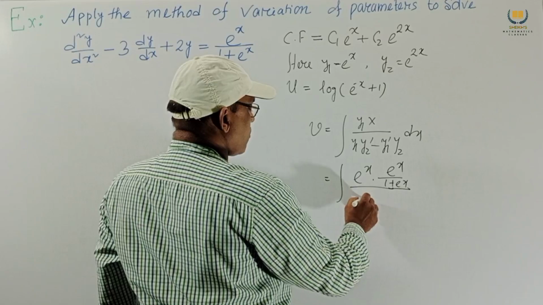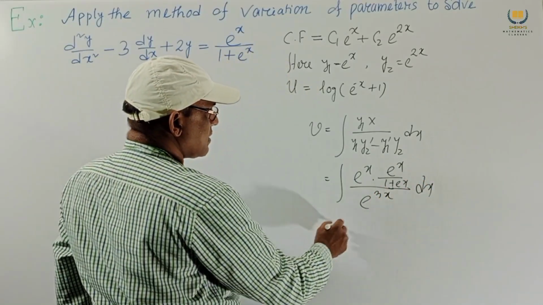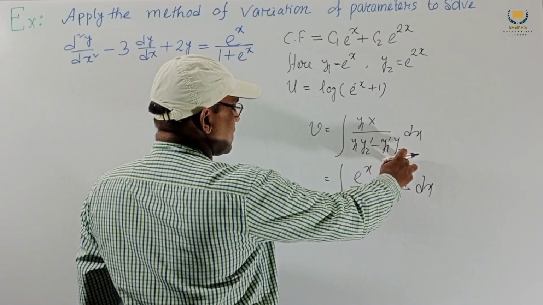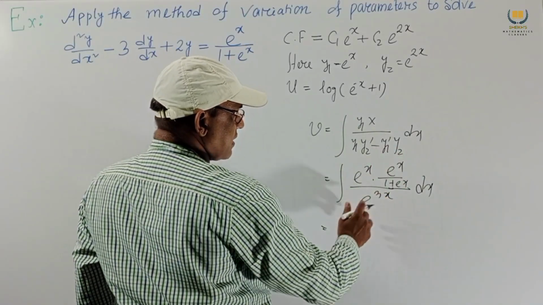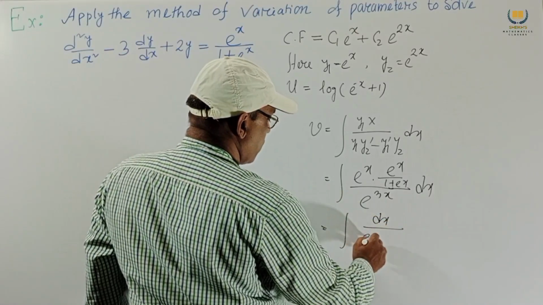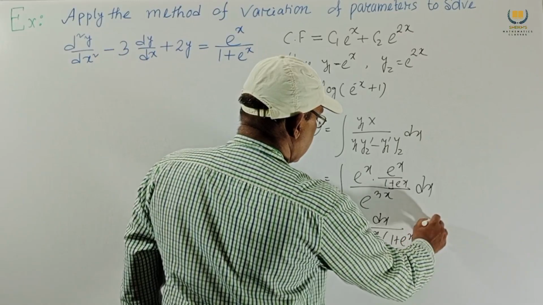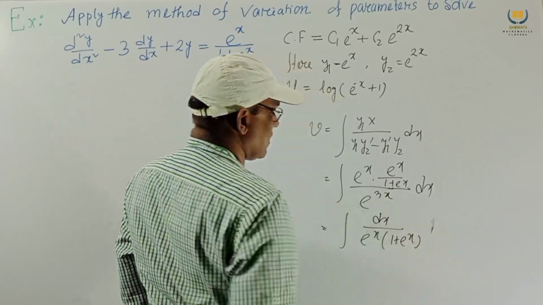This value is e to the power twice x. And this is e to the power twice x, then 1 x is here, we get ultimately dx by e to the power x into 1 plus e to the power x.